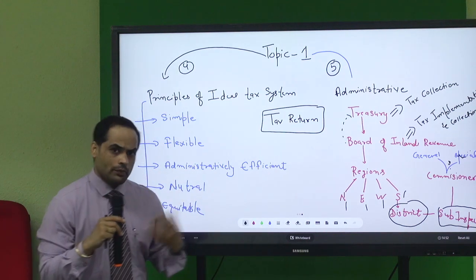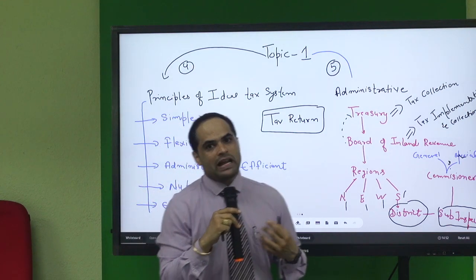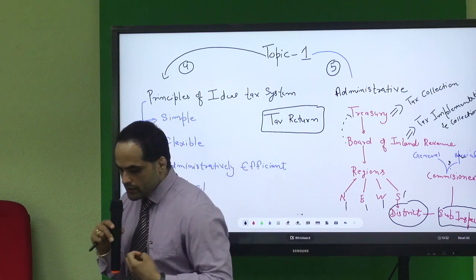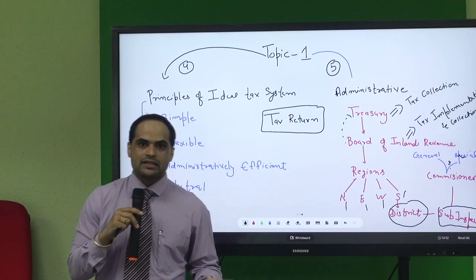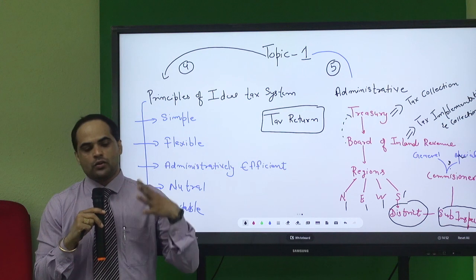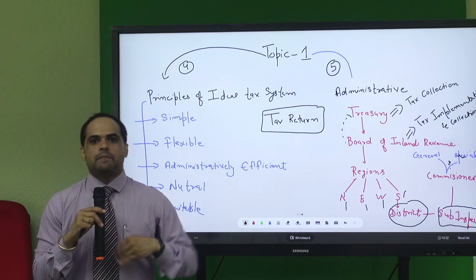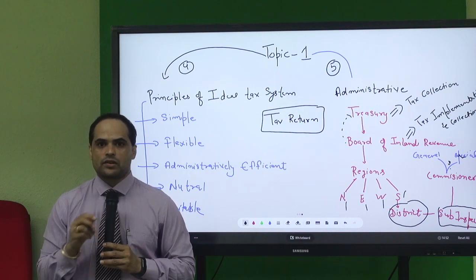Why does this happen? The government gives us some kinds of benefits, some kinds of exemptions, right? It means the tax we are paying to the government, we can claim that money back by filling in a form. Filling in that form is called a tax return.